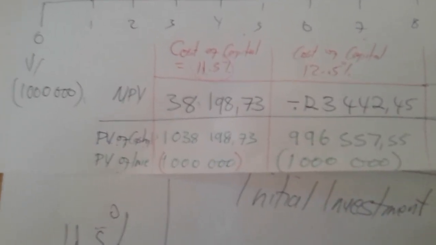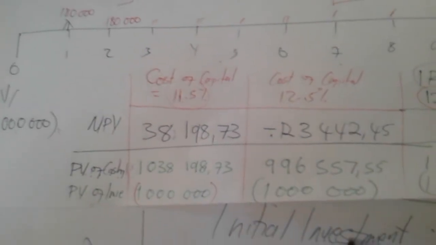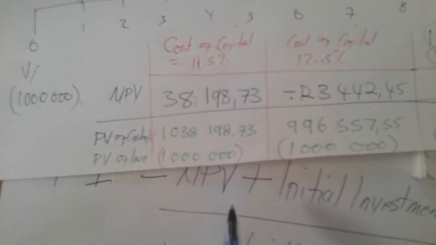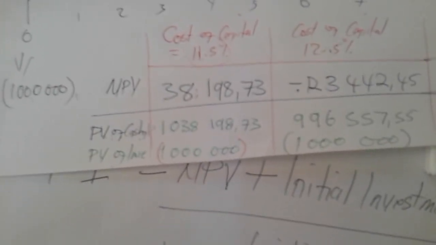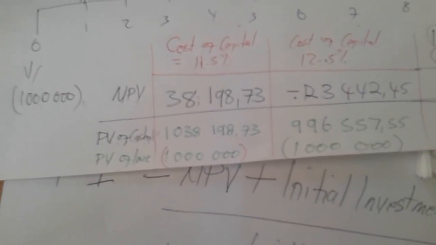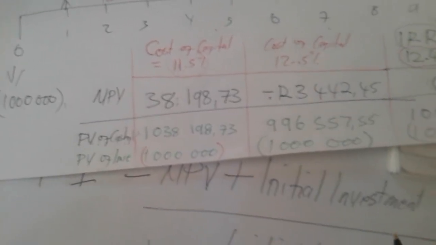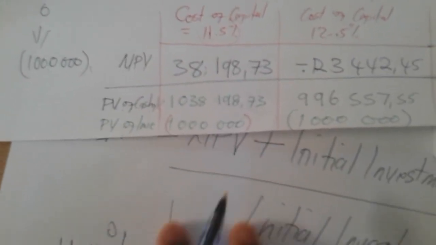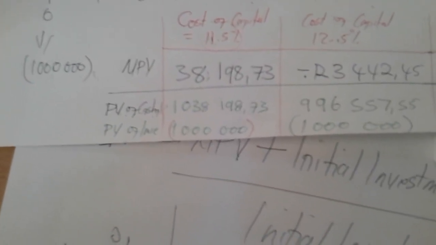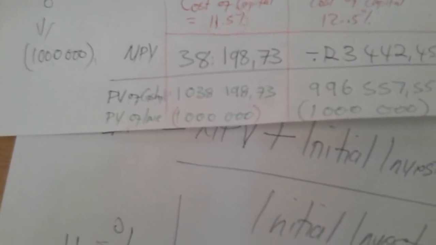So remember, we said it is NPV, which is this one, plus the investment that gives you 1,038,198.73 divided by your investment, and your investment is 1 million. There you go, 1 million.